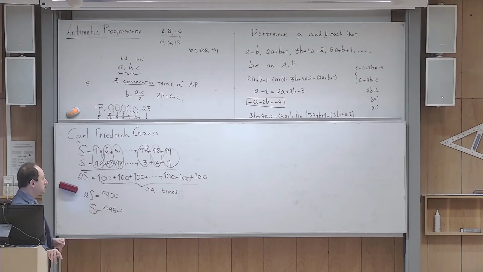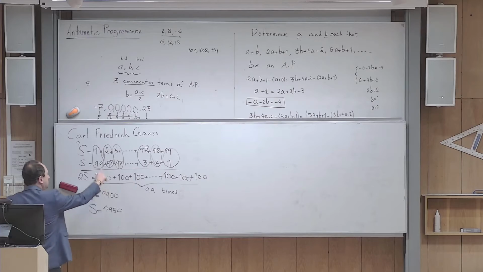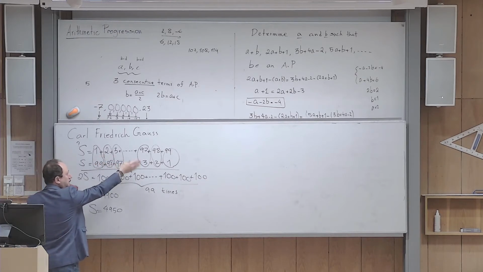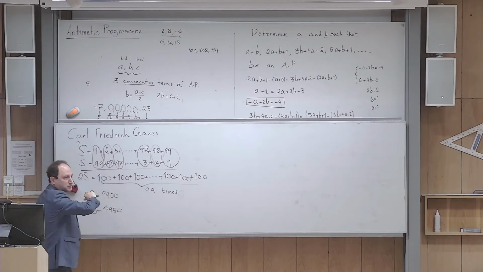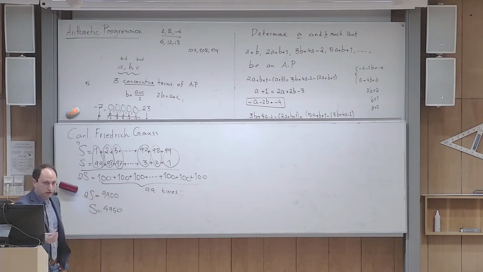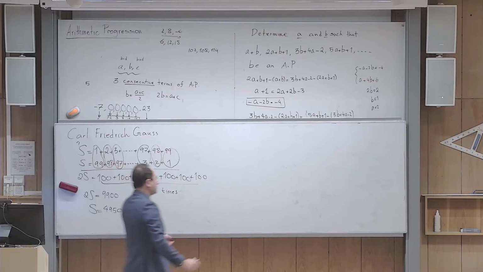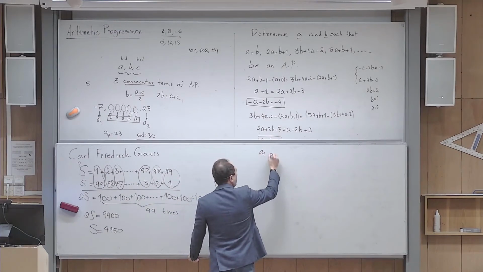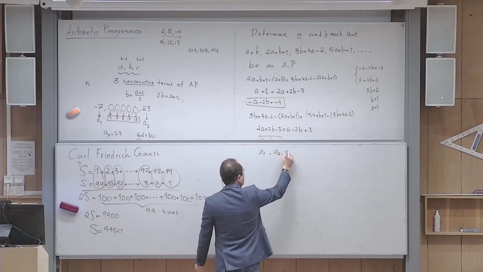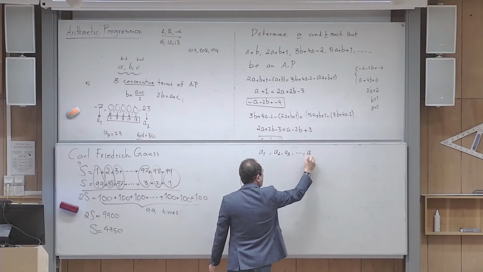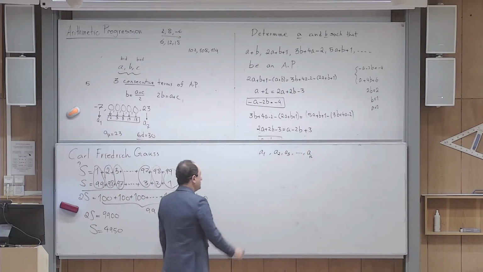Anyway, this is the method he used to answer the question very fast, and that is the exact method we want to use, but our problem is a little bit harder. Here, 1, 2, 3, up to 99 is an arithmetic progression with common difference 1, but in general the common difference is just d, not 1. So I have an arithmetic progression which starts from a1, then a2, a3, and assume I continue this list until I reach a_n.